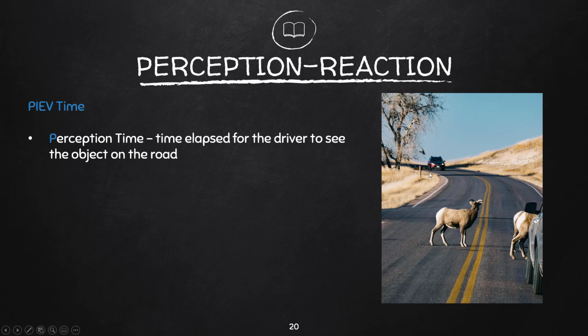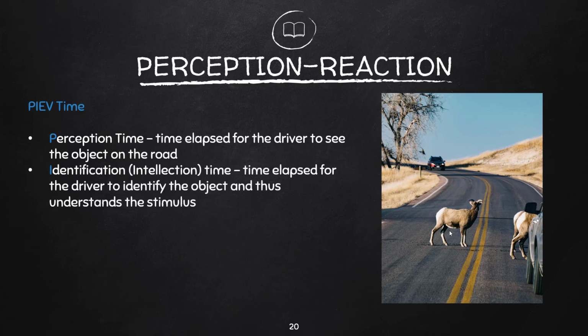As you can see in the image here, the driver is here and there is a deer, I think, or a goat that is on the road. So the time that the driver sees that object or perceived obstruction in the road is the perception time.